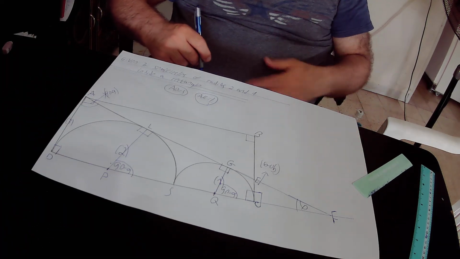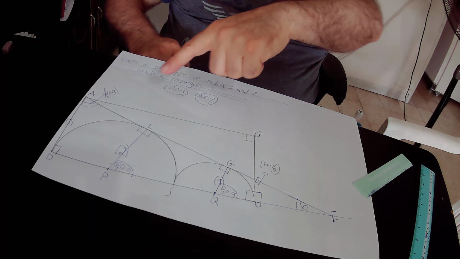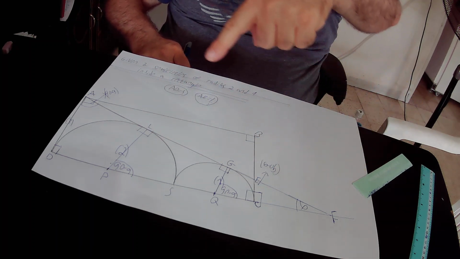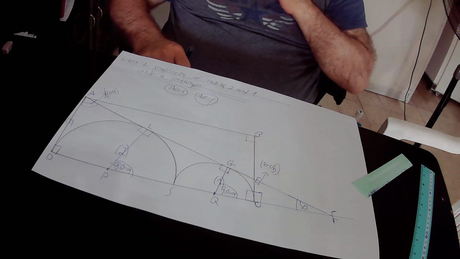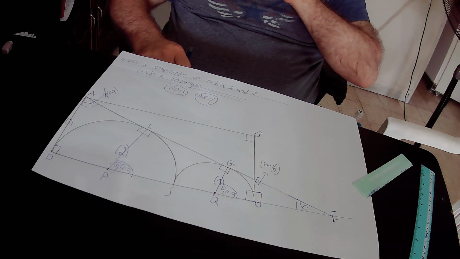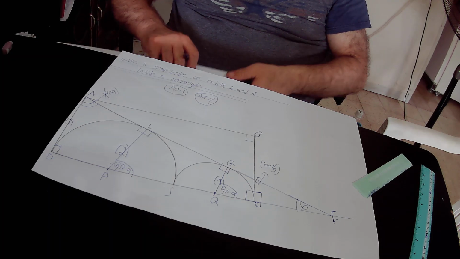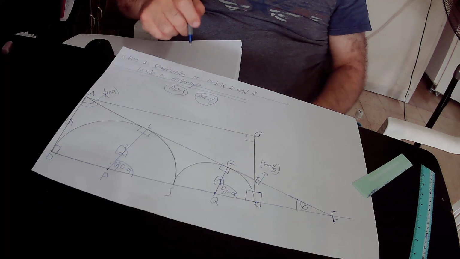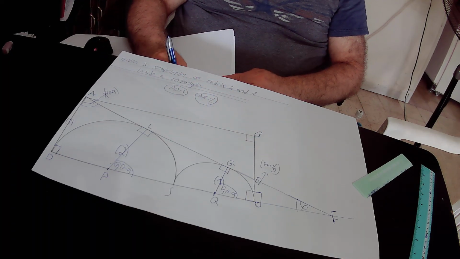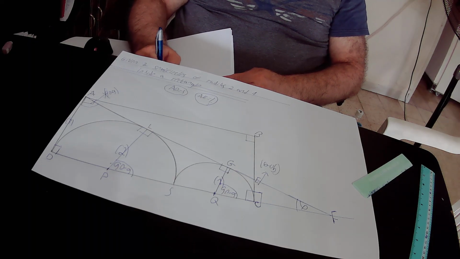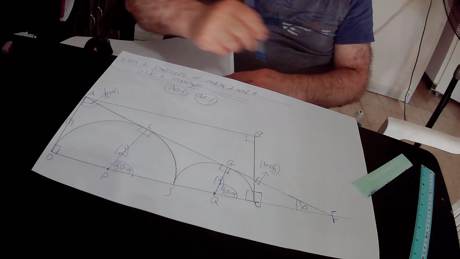In the next step, we will prove that the big right triangle LPF is similar to this small right triangle GQF.